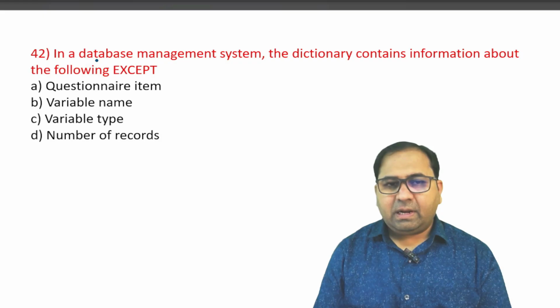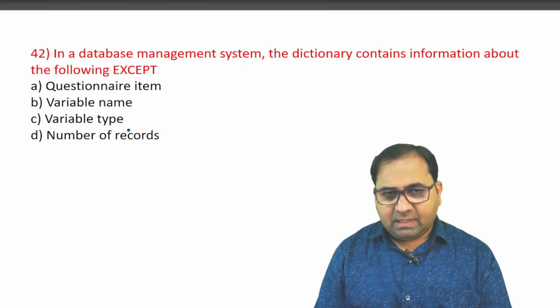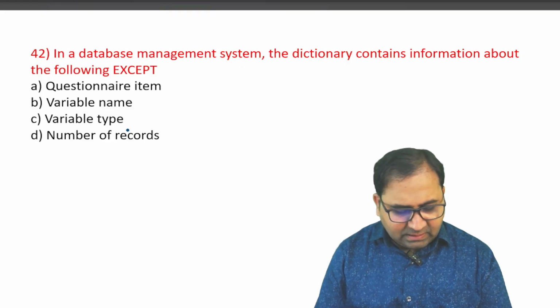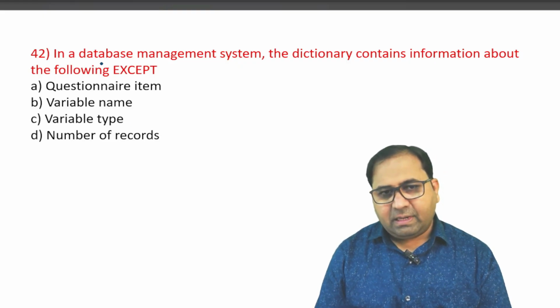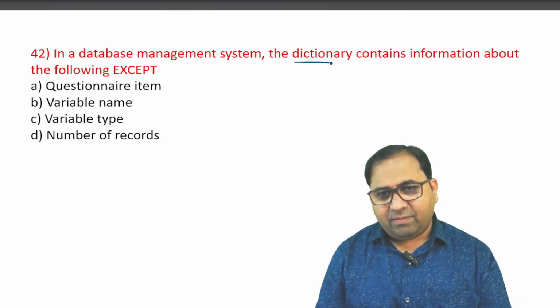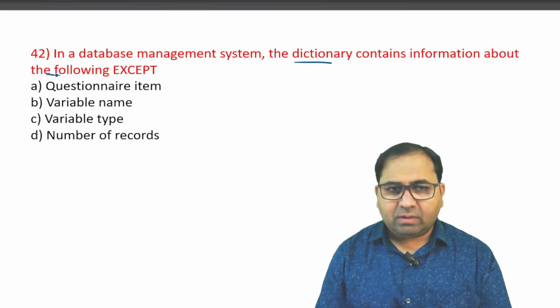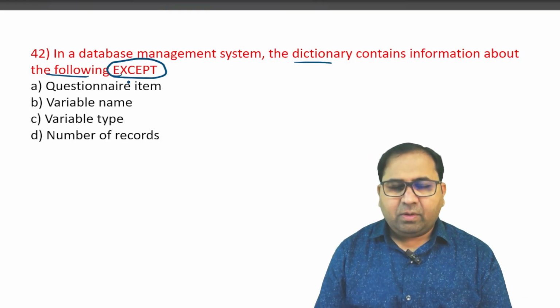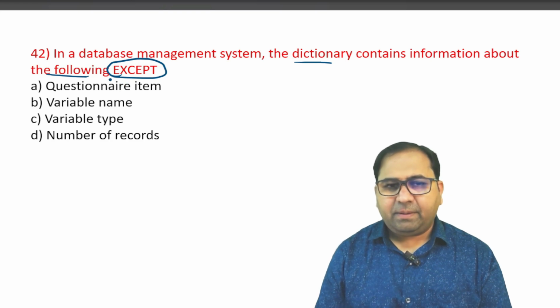Next question. In a database management system, the dictionary contains information about the following, except what? The options are A, questionnaire item, B, variable name, C, variable type, and D, the number of records. Let us see the options again.